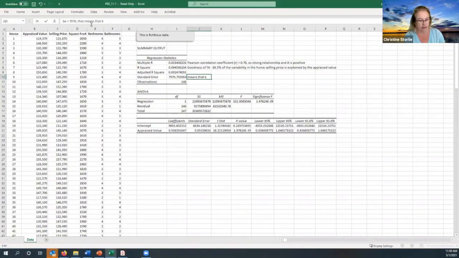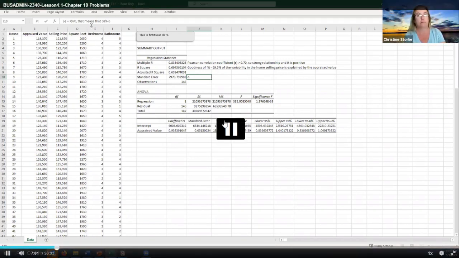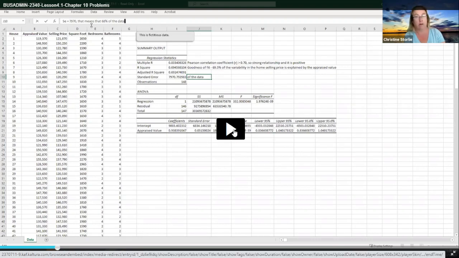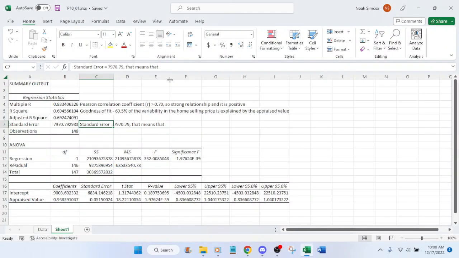68% of the data. And where am I getting that number? If you remember the empirical rules, 68% of the data was within one standard deviation of the mean.